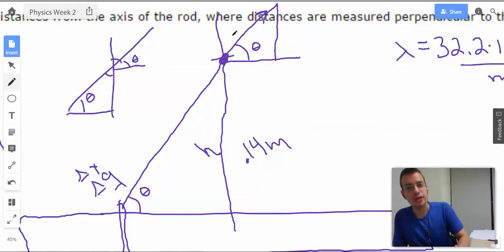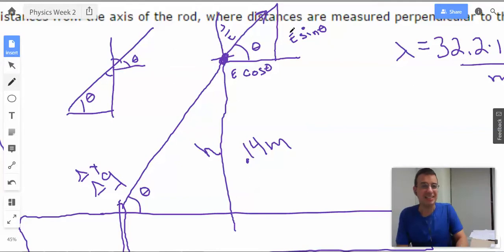So this will be the electric field generated by this little particle right here. This would be the cosine of theta times that electric field, and this would be E sine of theta. All we care about here is the sine of theta, because the horizontal component is going to be canceled out by the other side of the rod. So all it's going to add together then will be the sine of theta.